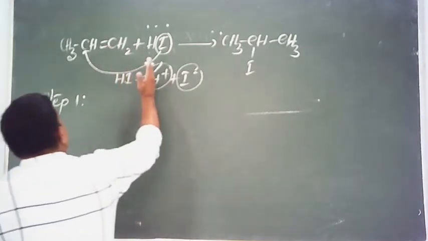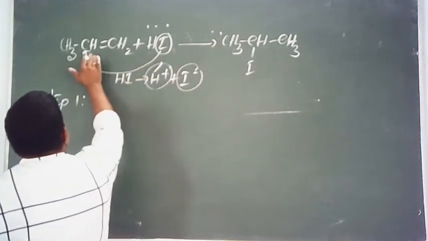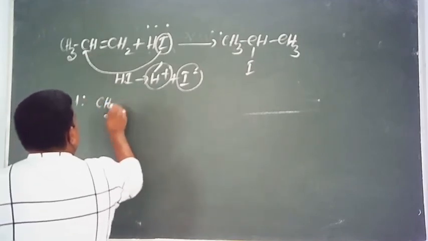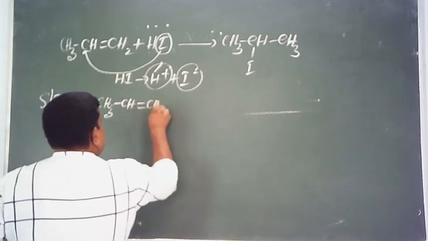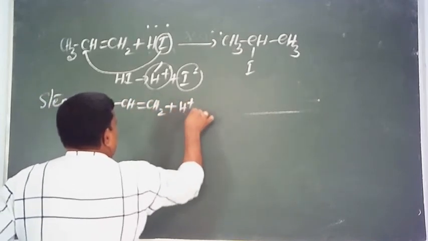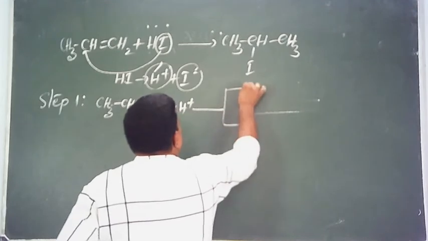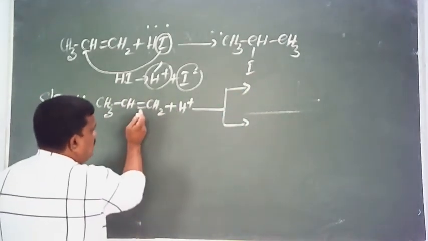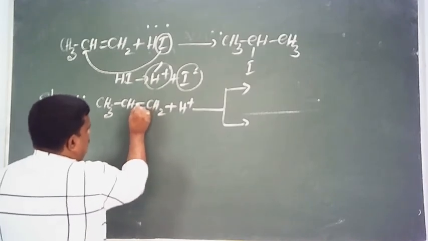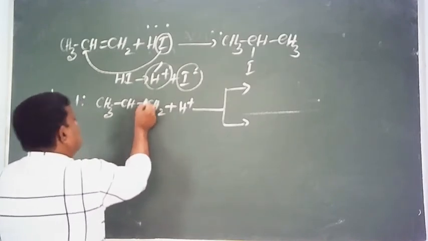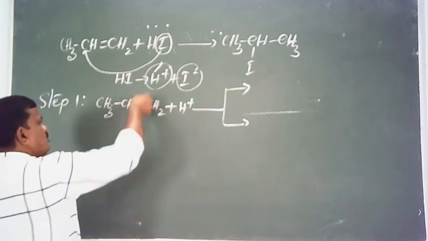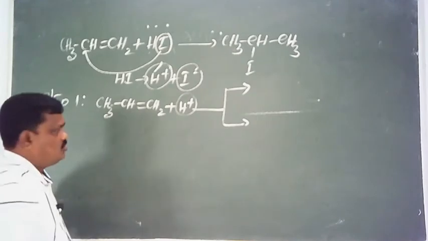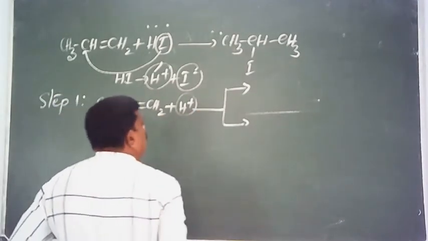In the presence of the electrophile H plus, our propene, CH3CH=CH2, gives two possible carbocations. What happens here is that the electrons present in the pi bond get shifted towards one of the carbon atoms in the presence of the attacking agent to give a carbocation.